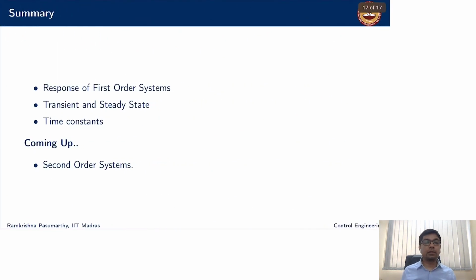Okay, so to summarize, we saw in this lecture the response of a first order system. We defined the notions of transient and steady state, in addition to natural and forced response.